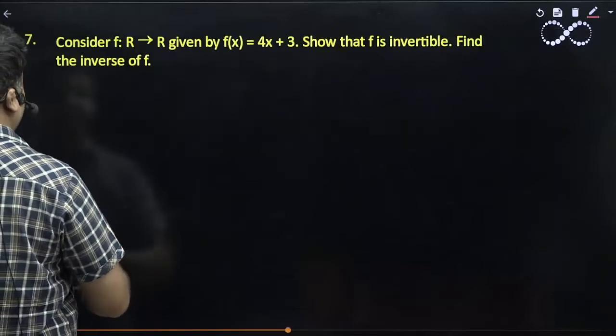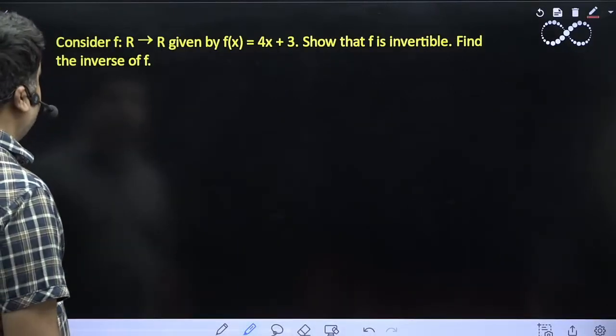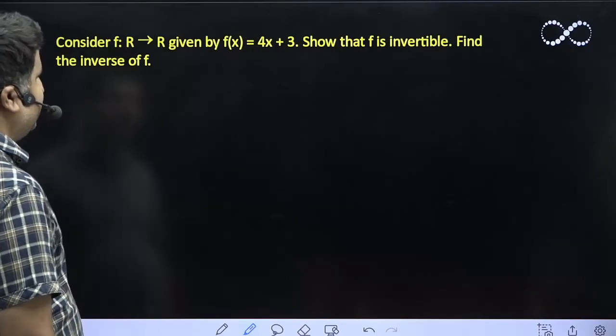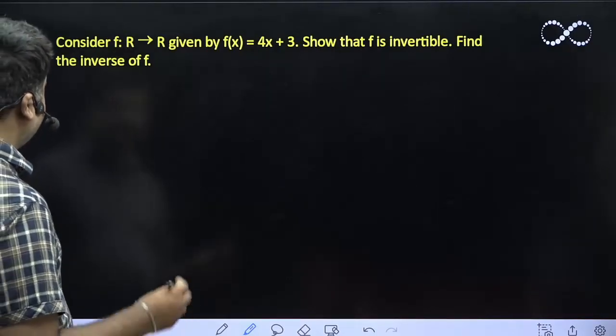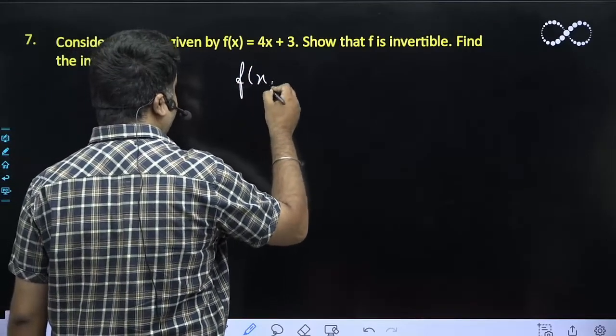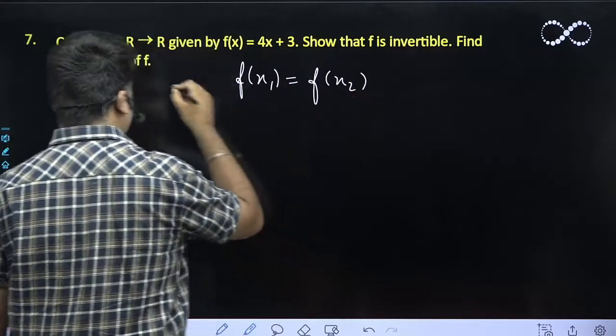So let's see the next question. Consider f from R to R given by f(x) is equal to 4x plus 3. Show that f is invertible. Find the inverse of f. So to show that this is invertible, we have to first show that this is a one-one function.